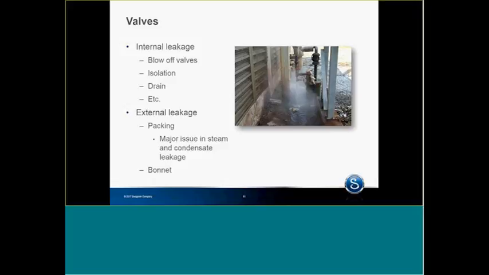The other thing that we have a problem with on valves is external leakage, which is the packing, which comes up probably after threaded connections as the second major contributor to steam leakage. And then we have bonnet leaks. Not too often, but we do have them.